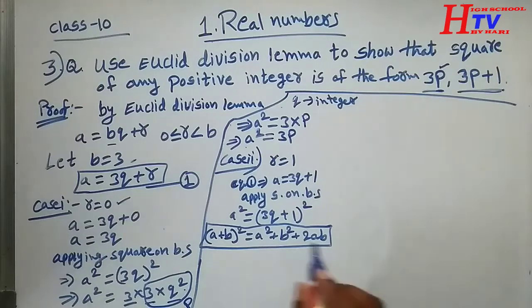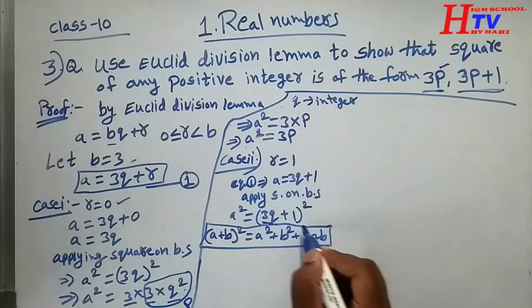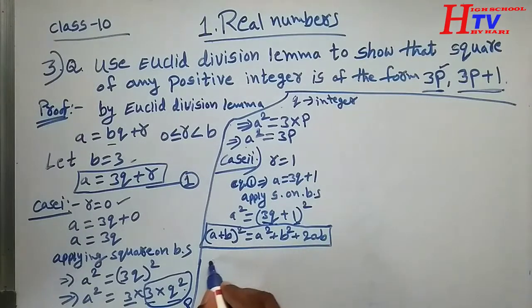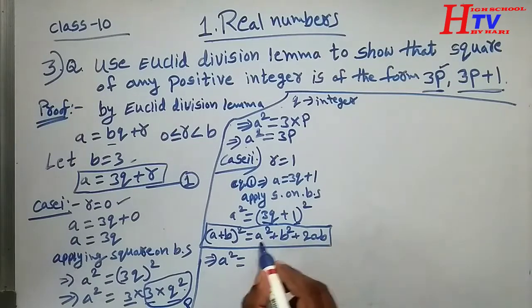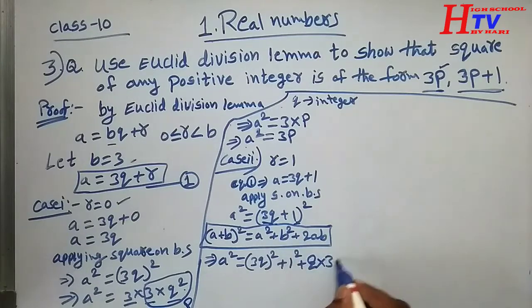Remember this formula. In the place of a, it is 3q. In the place of b, it is 1. So a square equals 3q whole square plus 1 square plus 2 into 3q into 1.